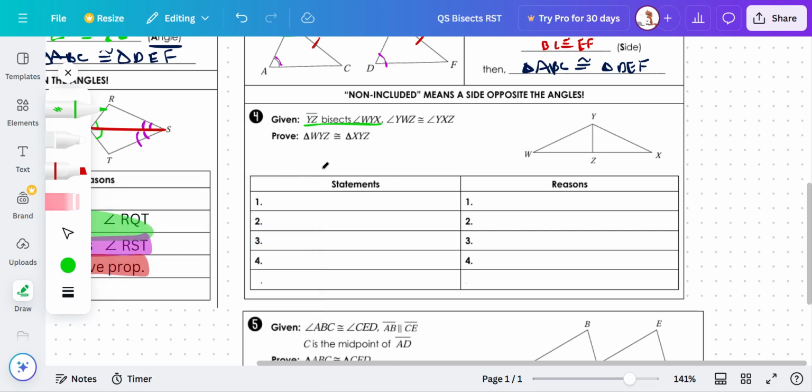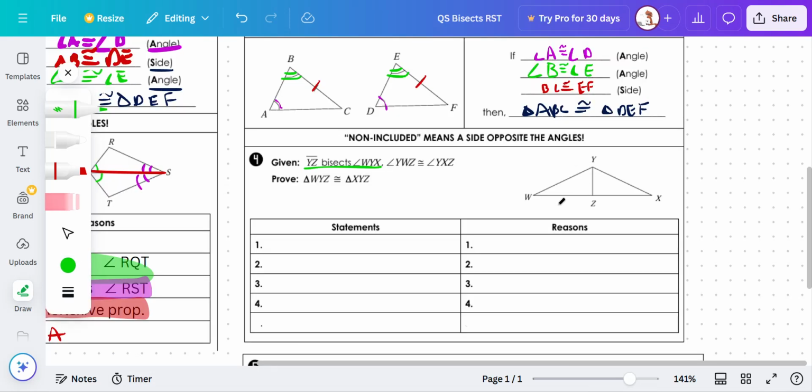So YZ bisects, bisecting the angle cuts it in half. We got WYX here on the top, and YZ is cutting it in half, which means that these 2 angles are congruent.